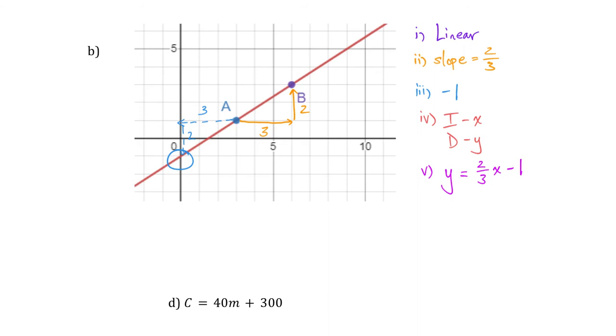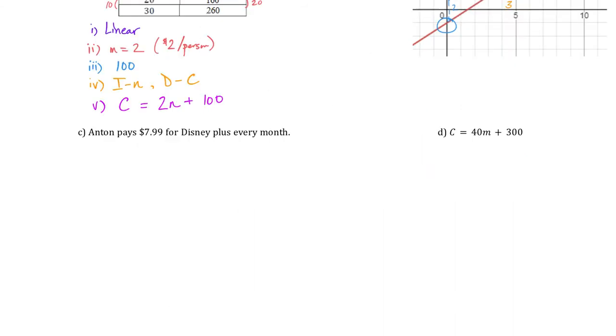Okay, same thing. We have another opportunity. You pause the video now, make any corrections, or you're coming along with me to check out a solution to C. Okay, I have zoomed in on C a little bit. Anton pays $7.99 for Disney Plus every month. So what does that turn into for us in terms of all of those properties?